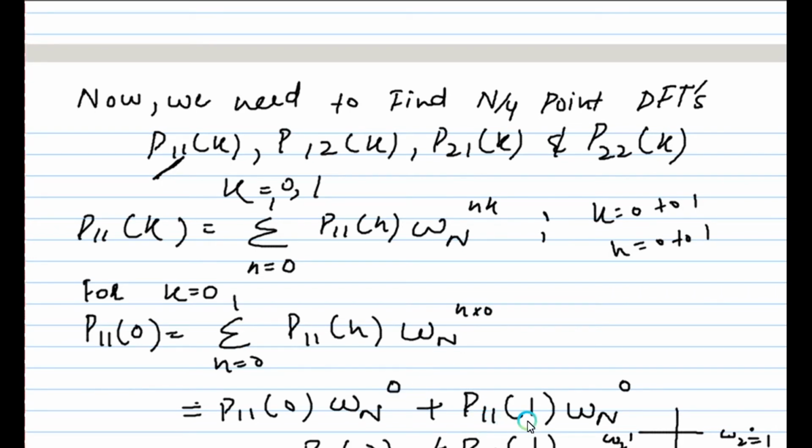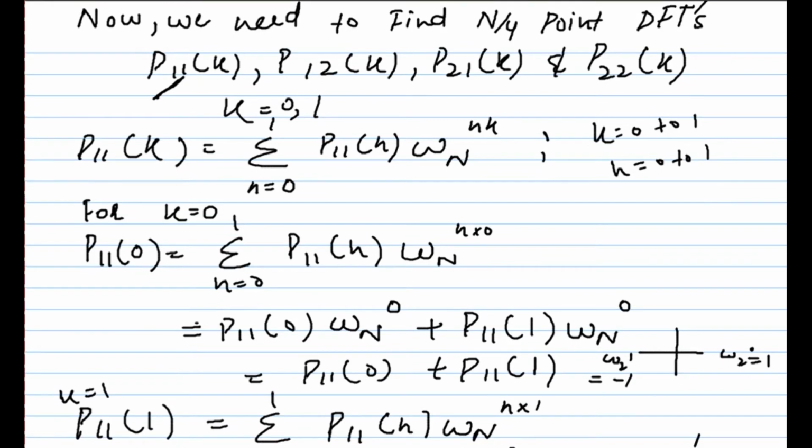Then plus, now n is equal to 1: P11 of 1, W_N, n is 1, k is 0, that is 1 into 0 is 0. We know W_N 0 is equivalent to 1. So I can write this as P11 of 0 plus P11 of 1 into 1, because W_N 0 is 1.